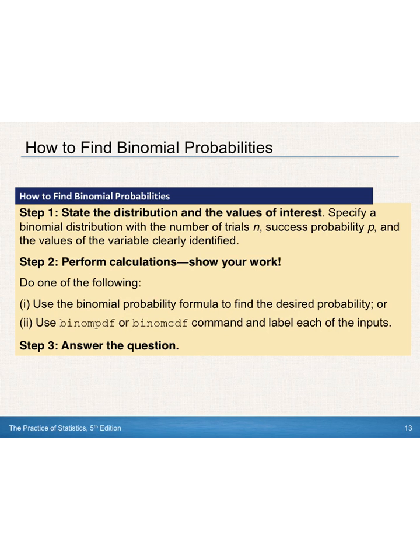When you recognize that you have a binomial probability on the test, you want to make sure that you communicate that you notice that it is a binomial distribution, that you need to communicate the parameters of the number of trials, the success probability, and the values of the variable, specifically what you're looking for.